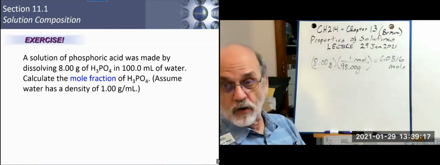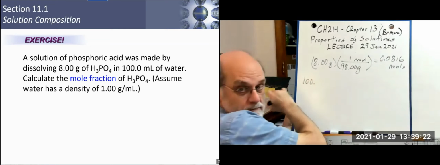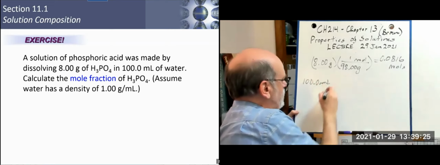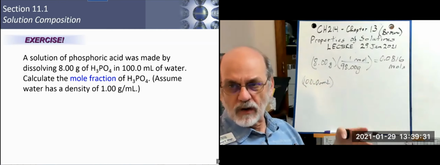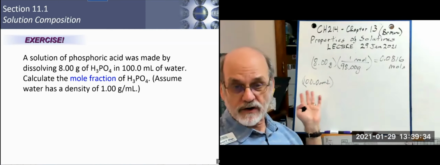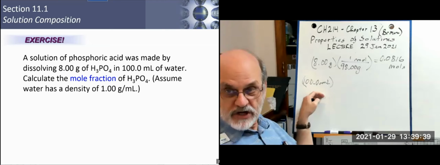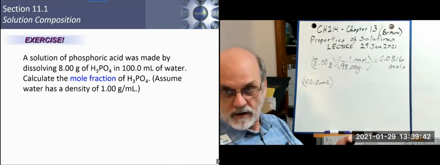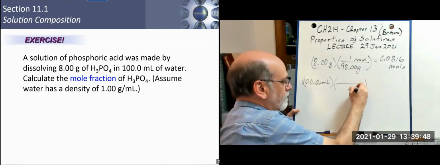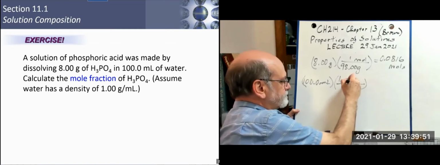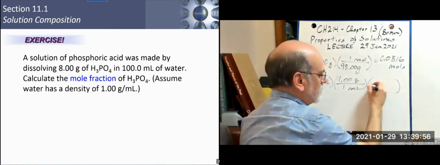Okay, now we need moles of water. And we have 100 milliliters of water. There's no direct conversion of milliliters to moles. We got to find out the mass of water first. So this is a dimensional analysis problem where you have a chain conversion. And the density is where we're going to get grams out of this. Right? Okay, so that's canceled. Now we need water, molar mass.